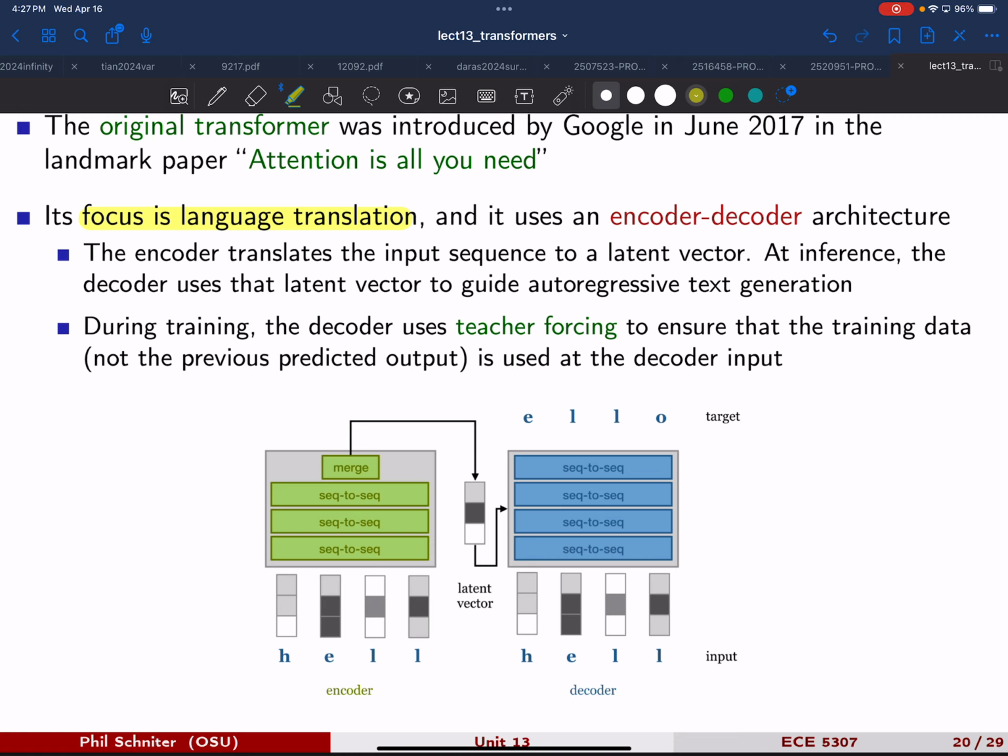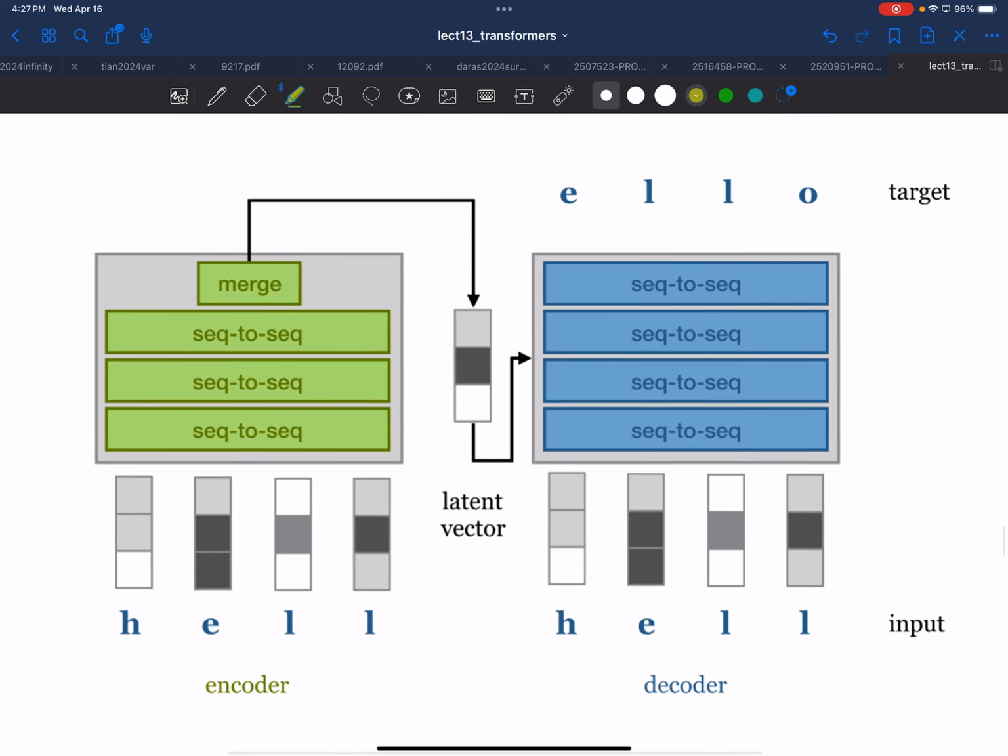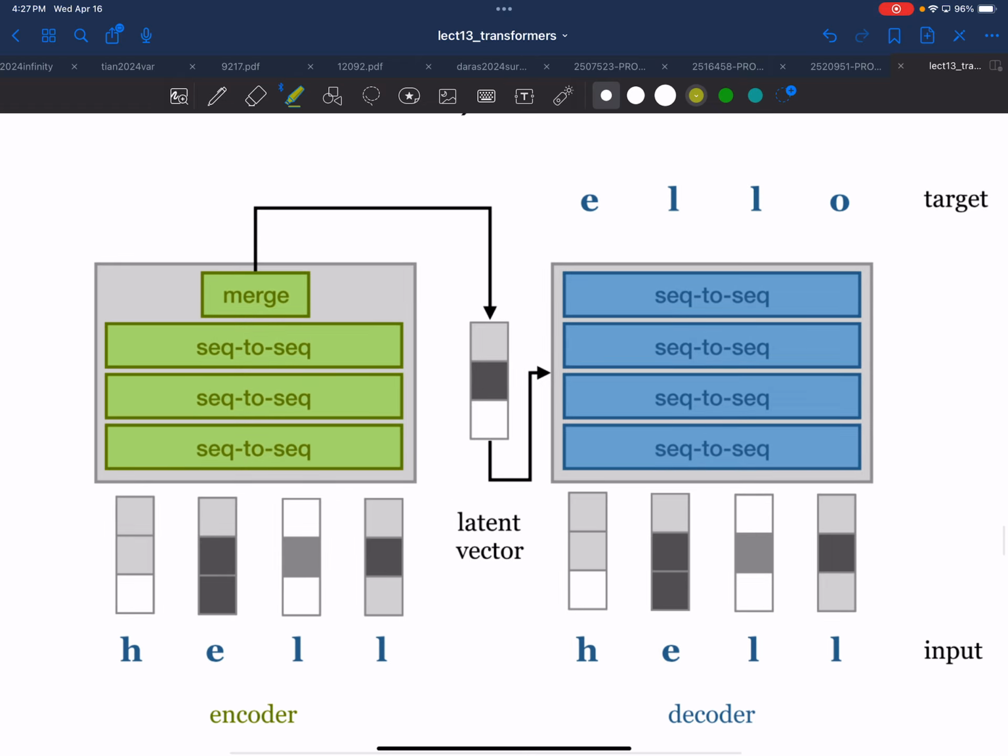So going, let's say, from maybe Spanish to English. The architecture actually had two different transformers. One on the left is the encoder, the one on the right is the decoder.